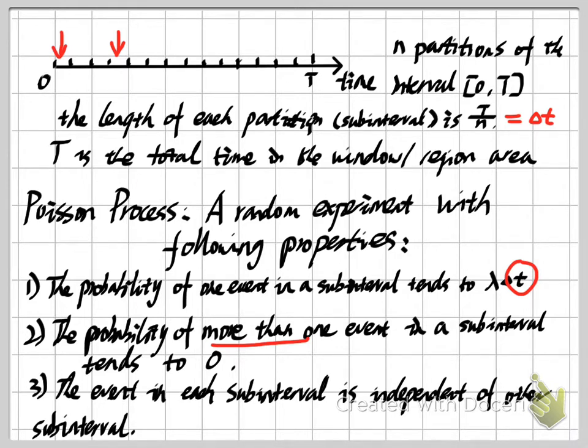So what we can do is set n as the number of sub-intervals, and then, like the limit in calculus, let n go to infinity. When n goes to infinity, the binomial distribution of Bernoulli trials will approximate our Poisson distribution.